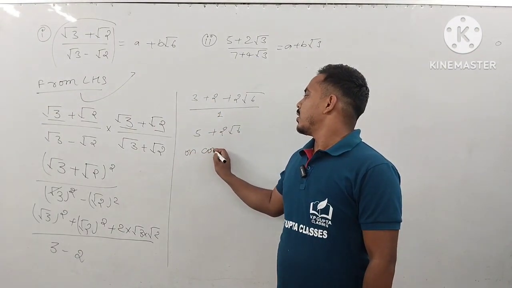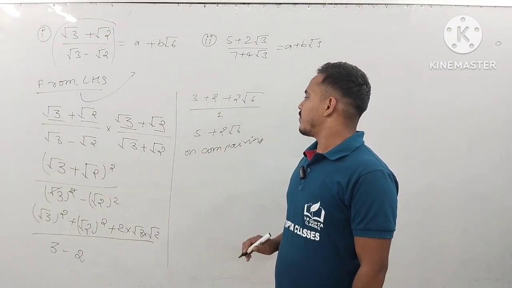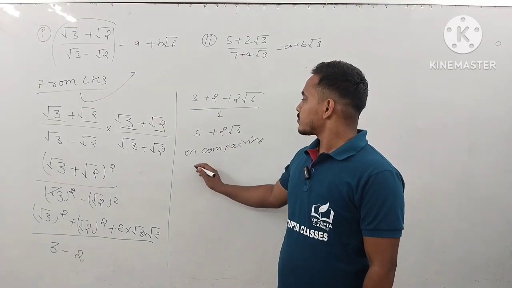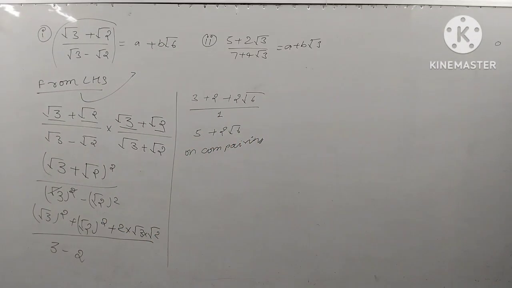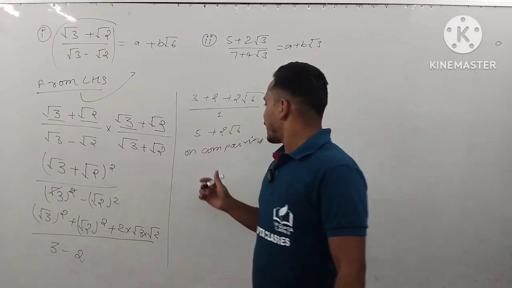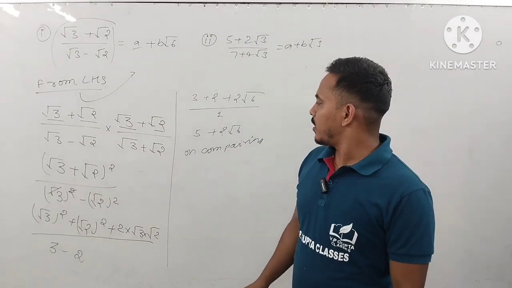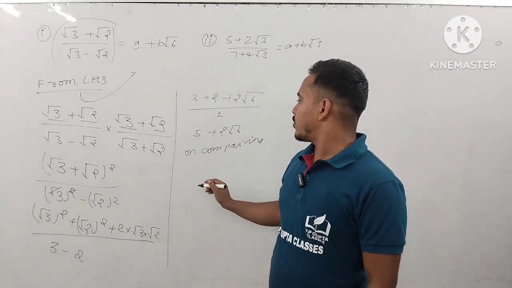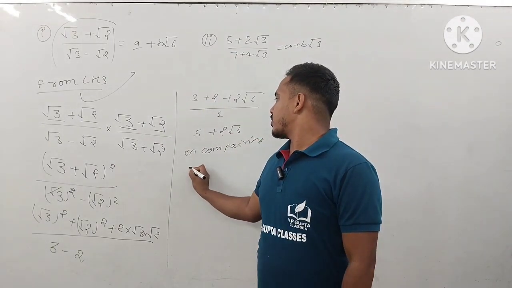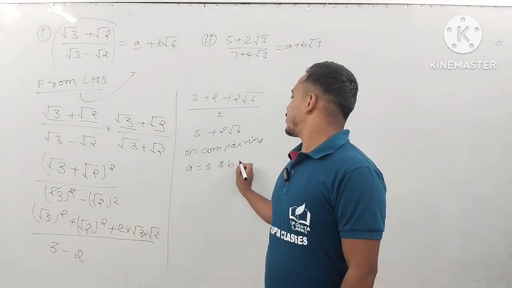On comparing, a is equal to 5 and b is equal to 2.